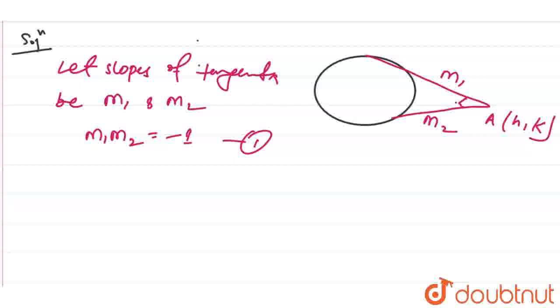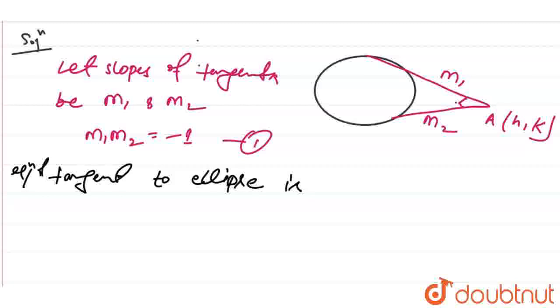Now we know that the equation of the tangent to the ellipse is y = mx + under root a square m square plus b square.